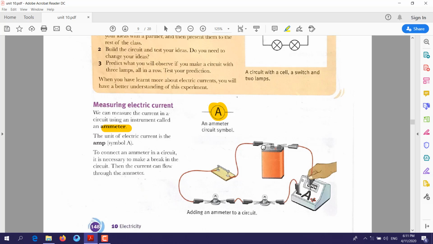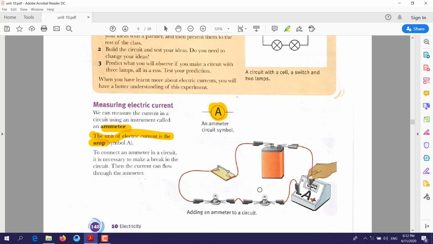Then this electric current has a unit to measure it, which is the amp, ampere. So don't mix up the tool that we use to measure the electric current and the unit that we use for measuring electric current. The tool or instrument we call a meter. The unit we call amp or ampere.